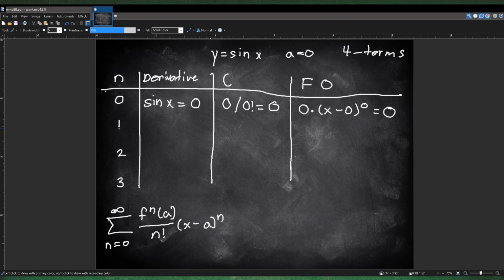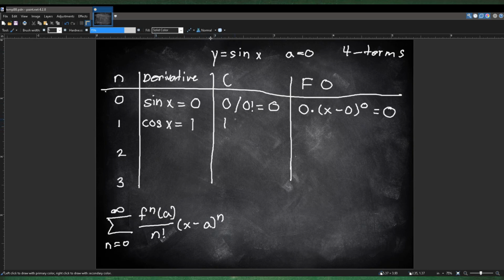Okay, so now we have n equals 1. So we have to do the first derivative now. The first derivative of sine of x is cosine of x. Now we have to find cosine of 0, because x is 0. We always plug in 0 at this point because we center at 0. So cosine of 0 is 1.